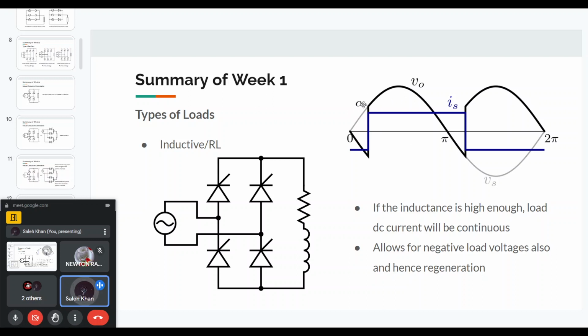But if we increase the alpha angle, it can happen after an alpha angle of 90 degrees that the average output voltage itself becomes negative, while the current remains positive. So the overall power becomes negative. That is what we call regeneration. So is that clear, what I'm talking about, the positive voltage, positive current? Okay.